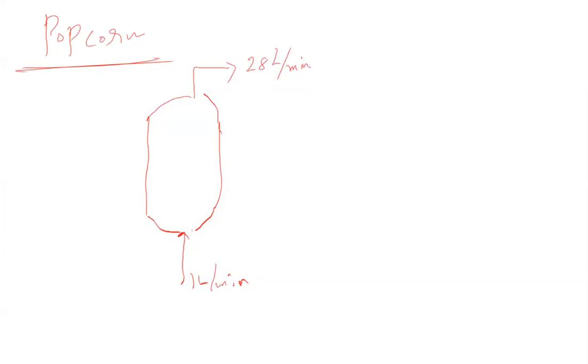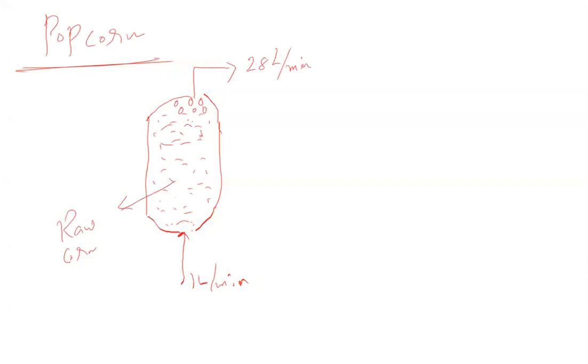In the first case, what we are assuming is popcorn will not pop inside the entire reactor. It will remain as it is, raw corn. It is not becoming popcorn, but when it is exiting, it becomes popcorn.